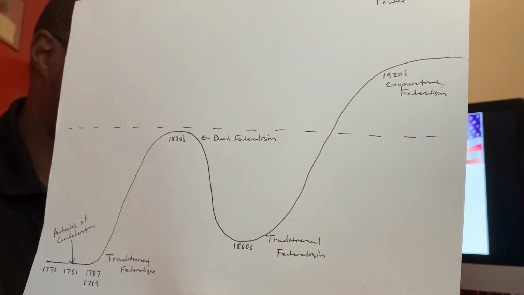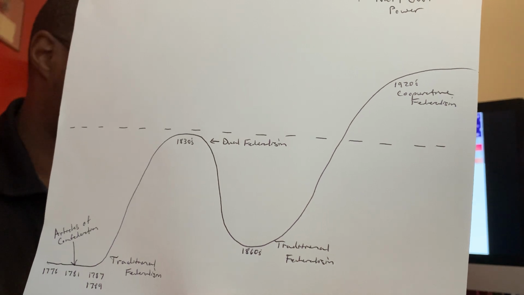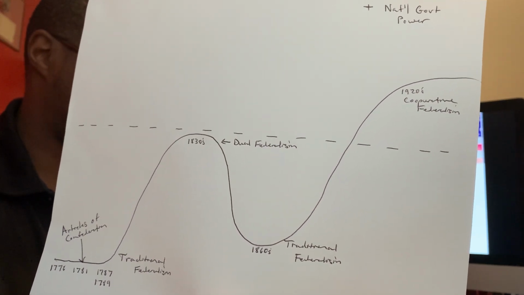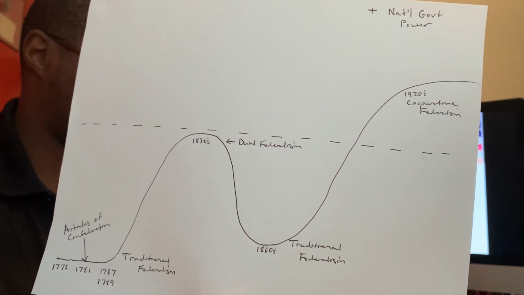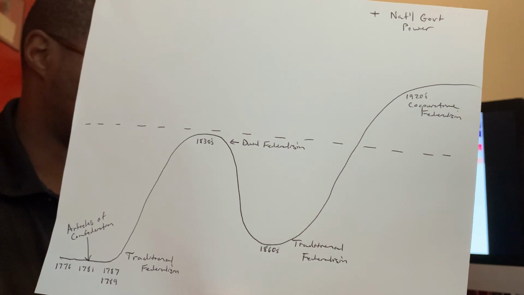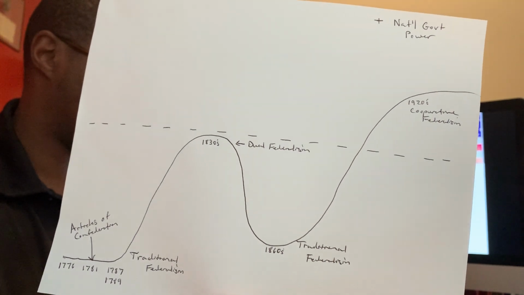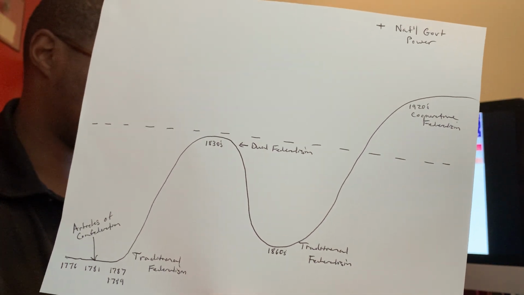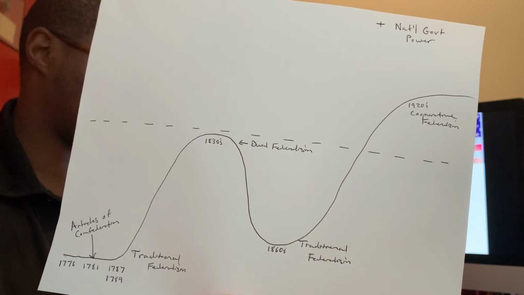Again, starting in 1776, and then in 1781, we create the Articles of Confederation. Again, all state power belongs there. It's in 1787 then that traditional federalism begins. And you see the huge uptick of national government power until we get to the 1830s, and dual federalism is born. And then you're going to see a huge pullback on power by the states until we get to the 1860s, which is the Civil War.